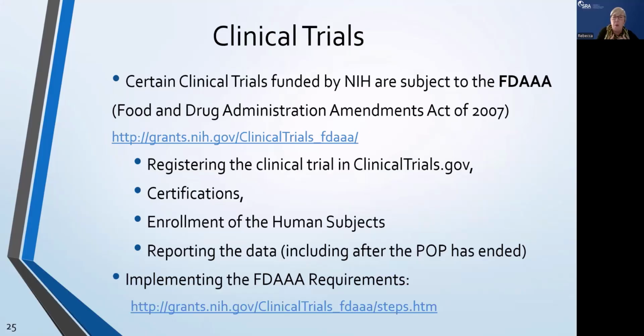Because of regulations that came through about, I guess it was 2007, clinical trials that are funded by the NIH are subject to FDAAA, the Food and Drug Administration Amendments Act. It basically talks about registering the clinical trials in clinicaltrials.gov, certain certifications that are needed, how the human subjects are supposed to be enrolled, and how the data is to be reported. And the guidelines for FDA are clearly laid out.